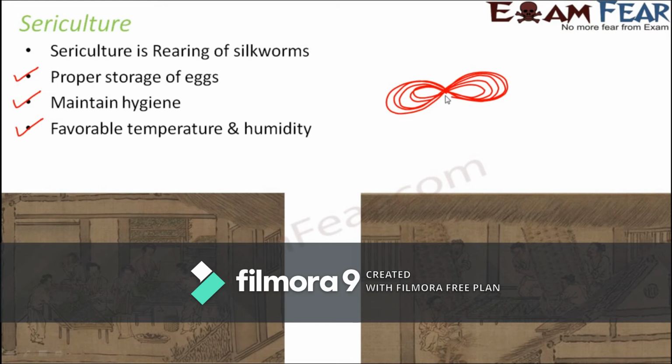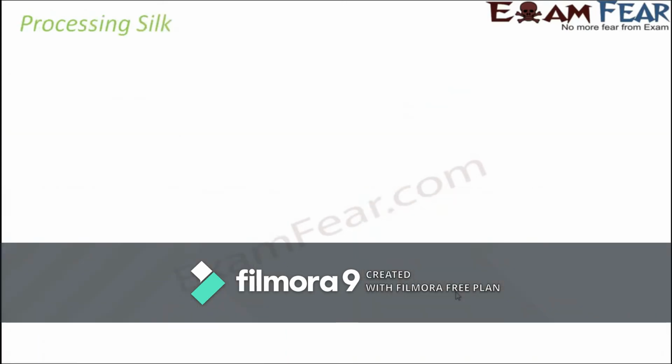That net-like structure will be formed on the twig frames which are being arranged here, and once the silkworm grows further and gets detached from the cocoons, all the cocoons will be obtained on this twig frame. That is the basic concept, or that is basically how sericulture is being done.